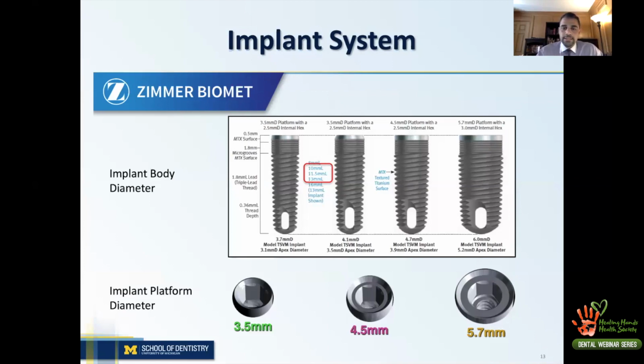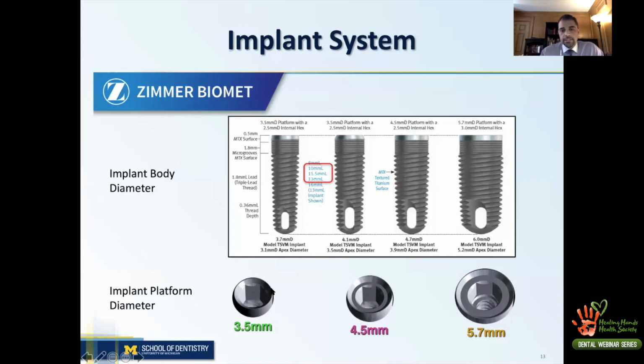So any case that doesn't have enough bone height to place a 10 millimeter implant would not be treated by the pre-doctoral students because of higher risks of failure, and it's more difficult to manage those cases in the pre-doctoral clinics. So the decision was made, and we still do the same thing.